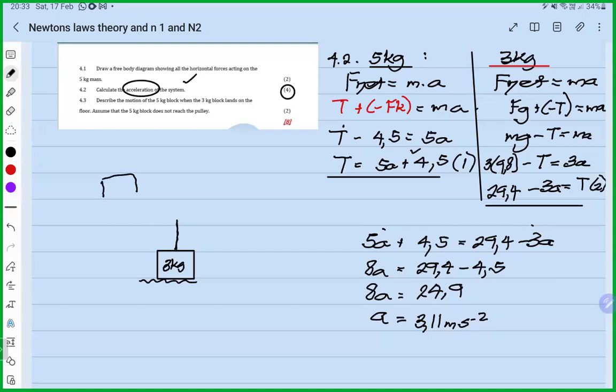Remember that. So what's going to happen to the motion of this object on the top if the tension actually drops to 0 here? In other words, this rope is going to get a bit slack. It's going to get a bit loose.